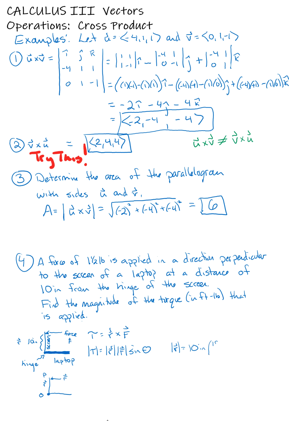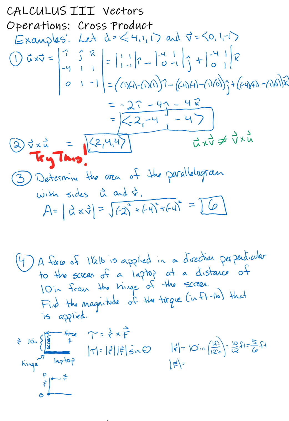Remember, 1 foot is the same as 12 inches, so we're going to multiply by 1 over 12, gives us 10 over 12 feet, which we can reduce, and we end up with 5/6 of a foot. How about the magnitude of F?